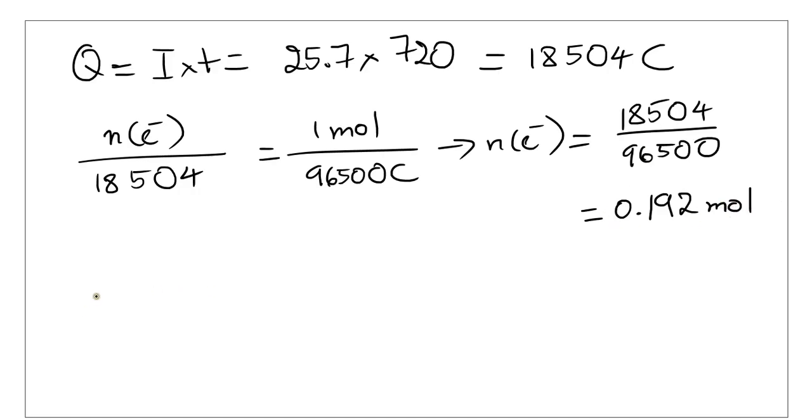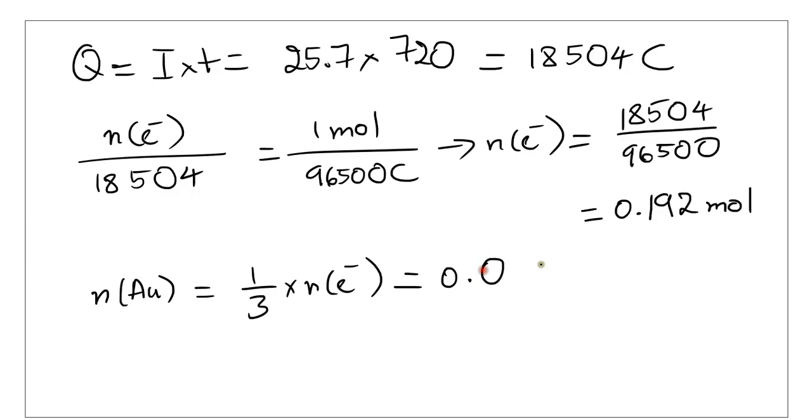So this is the number of mole of electrons, so from there you should be able to work out the number of mole of gold, which is a third of this, divided by 3, and so 0.0639 mole, and I'm going to get the mass, which is number of mole of gold times molar mass.